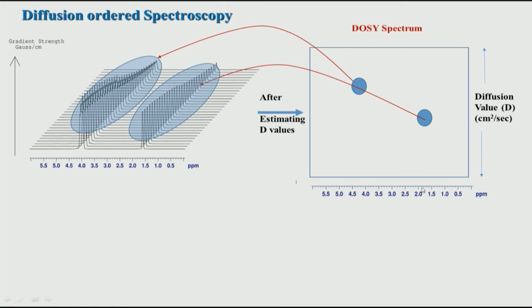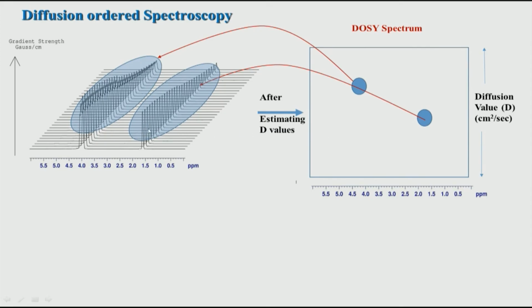On the x axis you show the chemical shift value, which is the same as this 1D spectrum, and on the y axis you plot the diffusion value, whose units are given like this. So, you can see that if you have a mixture of two different molecules, from the 1D you cannot make out, unless you do a 2D, that there are two molecules.